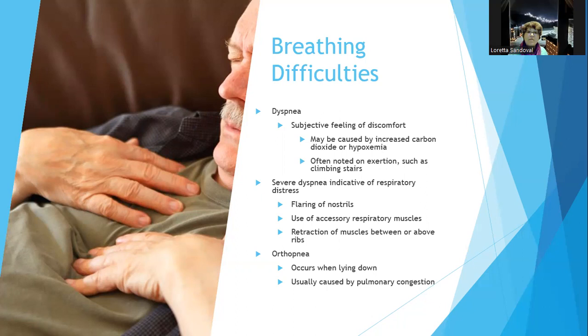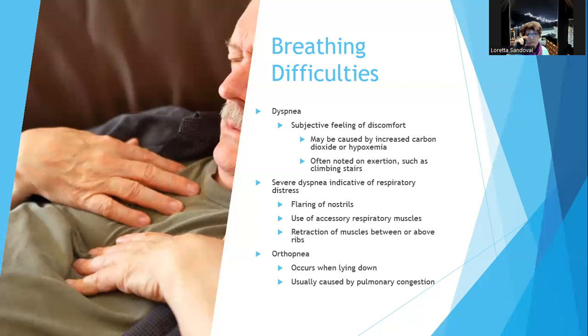Severe dyspnea can be indicative of respiratory distress. So if the nostrils are flaring, use of accessory respiratory muscles, lifting the shoulders, or retraction of muscles between or above the ribs. You'll see people's sternocleidomastoid really working, and that can be indicative of respiratory distress.